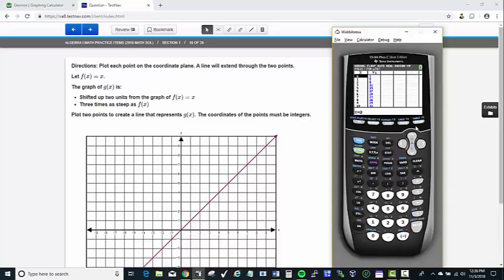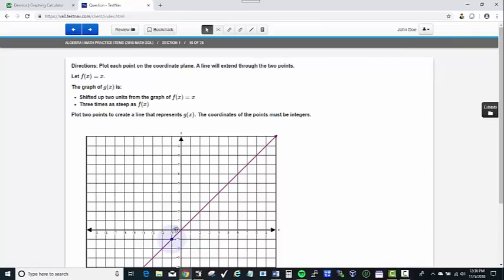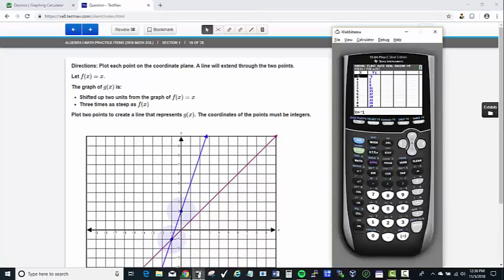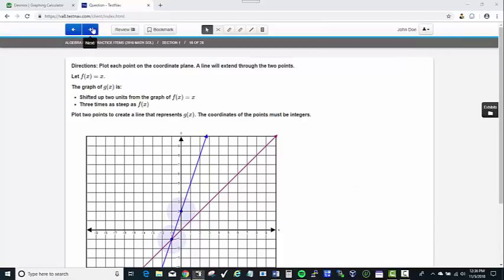And here I have points 0, 2. I have points 1, 5. I have negative 1, negative 1. So I will come back here. I could use negative 1, negative 1, and I could use 0, 2. That was simple, or any of these points here. All right, let's go.